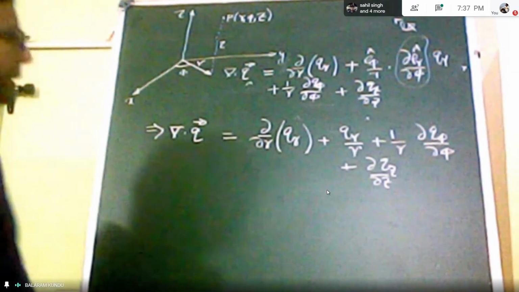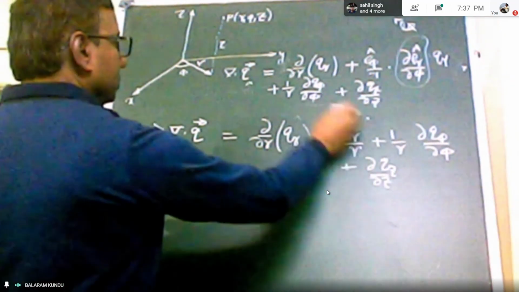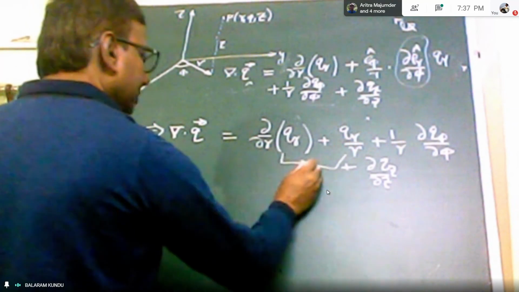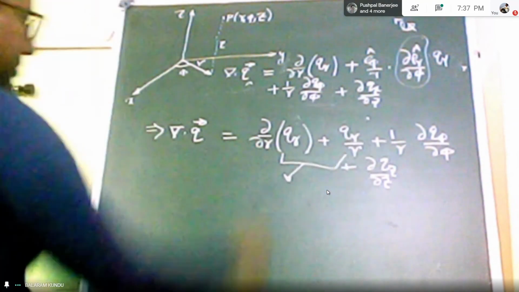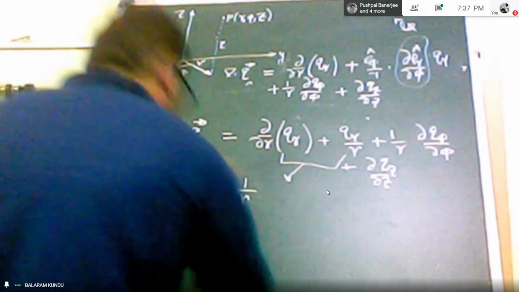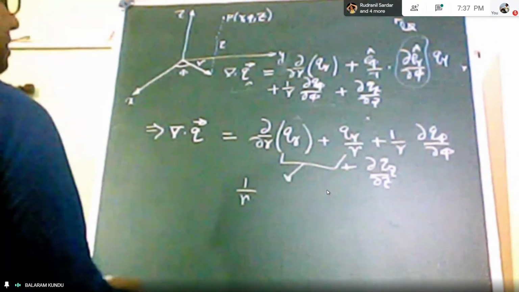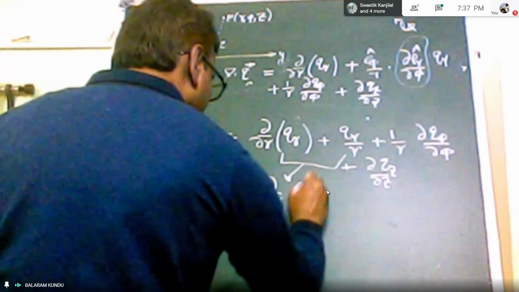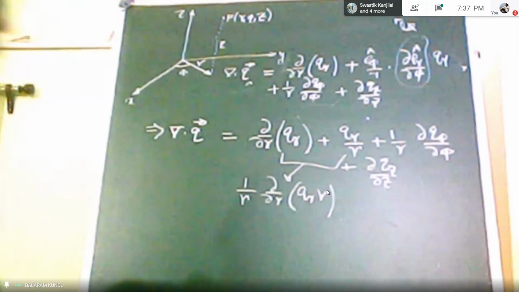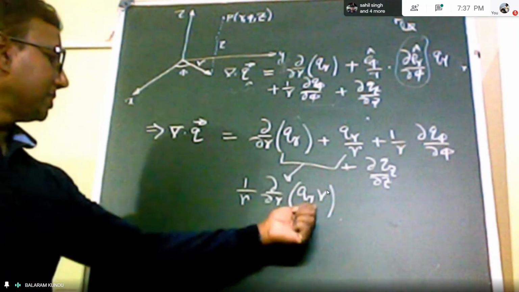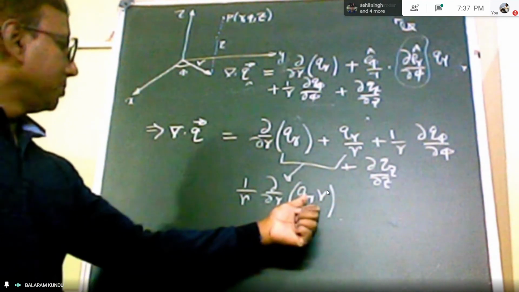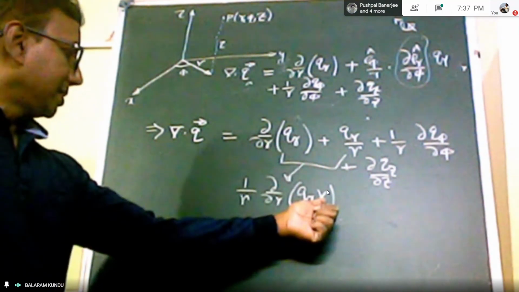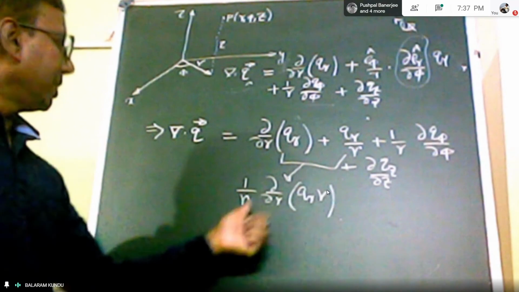Now you can combine these two terms. Previously the expression was 1 by r del by del r of q_r r. If you differentiate r times q_r, the first term is del q_r by del r, and for the second term you differentiate r, which gives 1, so it is q_r by r.